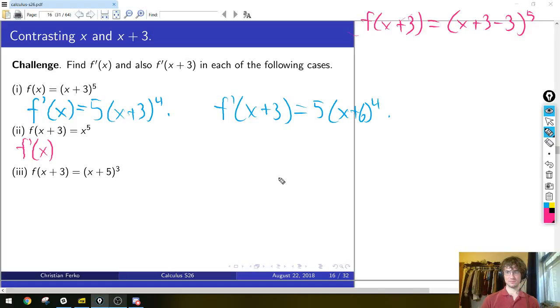So we have our inner function to do. Actually, I don't believe that we need to apply the chain rule here, so we have f prime of x equals 5x to the power of 4. I think it should be 5 times x minus 3 to the power of 4.